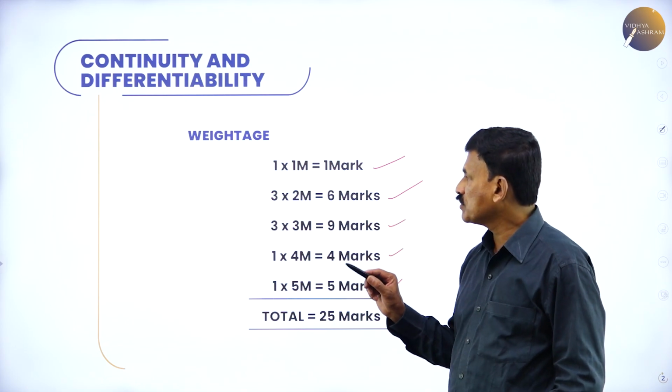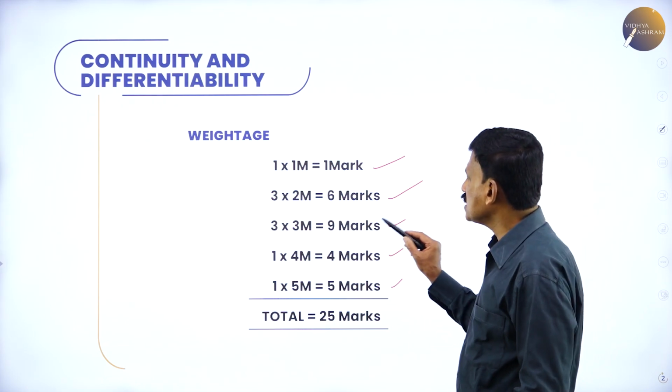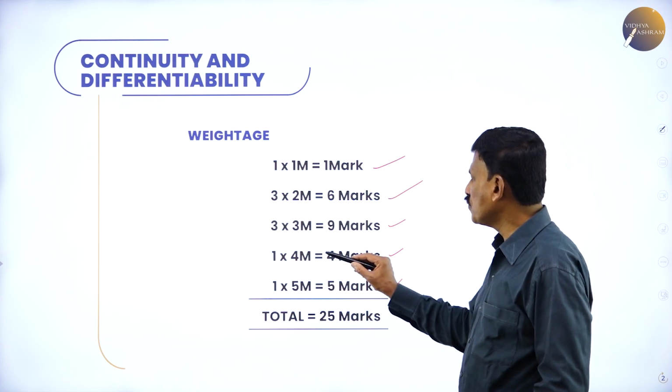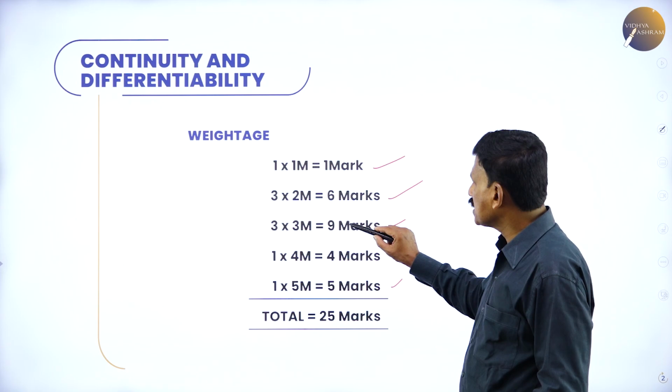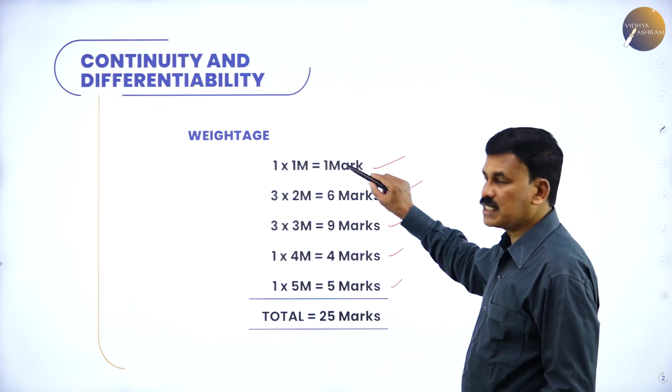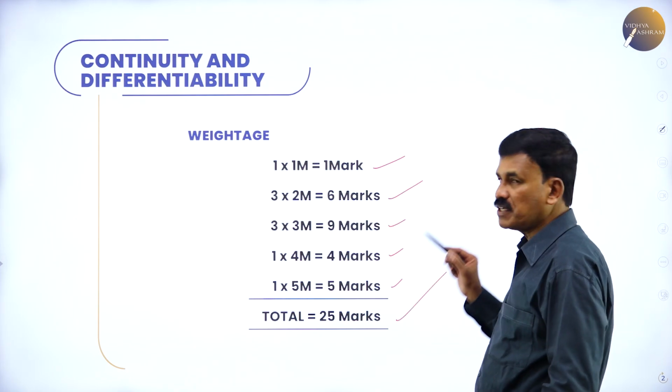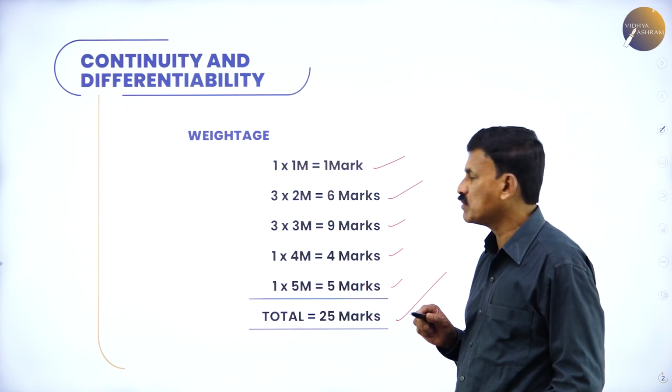Totally 1 plus 6 plus 9 plus 4 plus 5 is 25 marks. So, the weightage for this chapter is 25 marks.